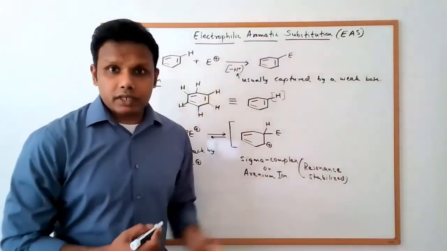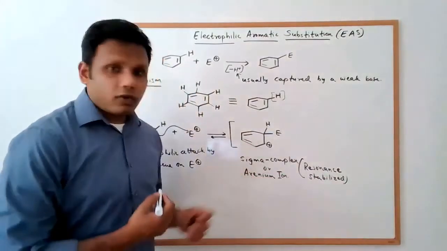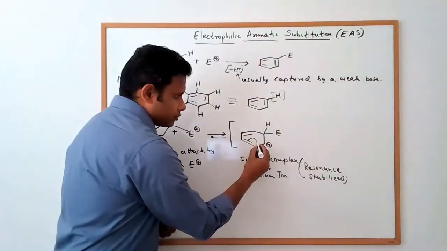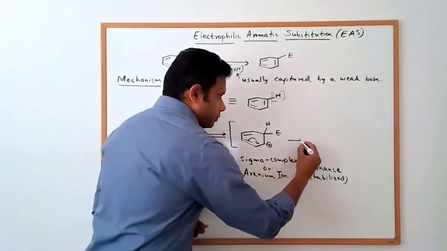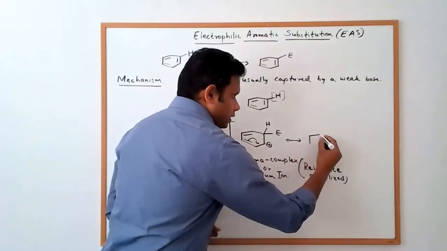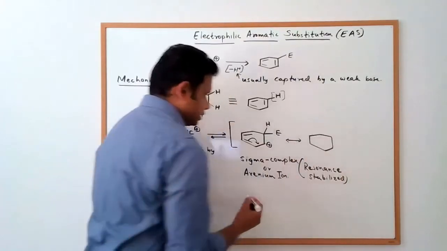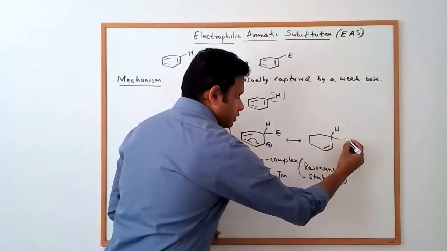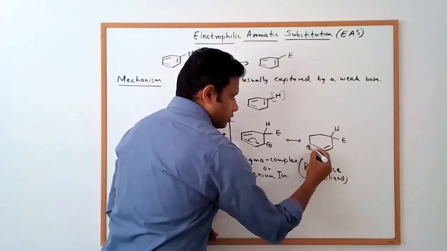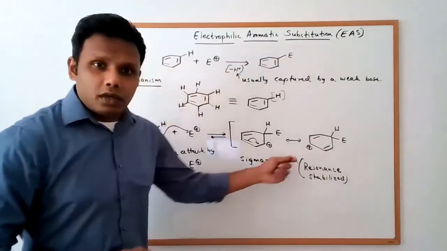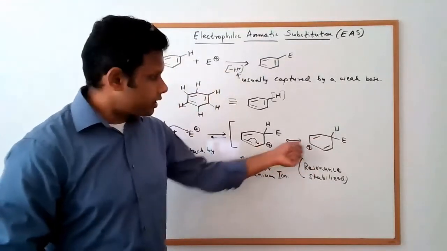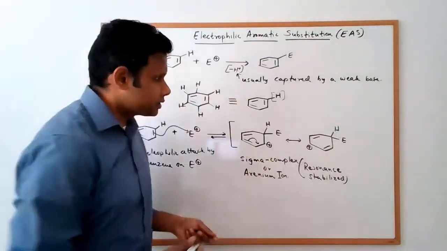So we can draw several resonance forms for this arenium ion, because what we can do is we can take this pi bond, move it over, and that's going to give us a new intermediate here, which, because it is a resonance form of the sigma complex, is still a sigma complex.